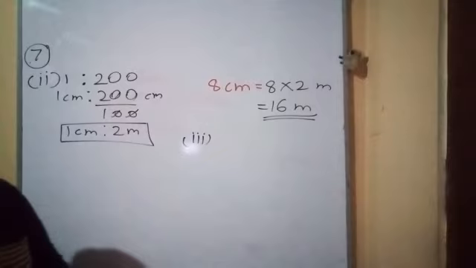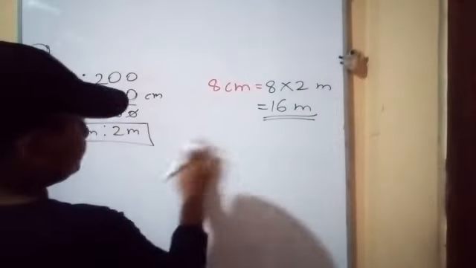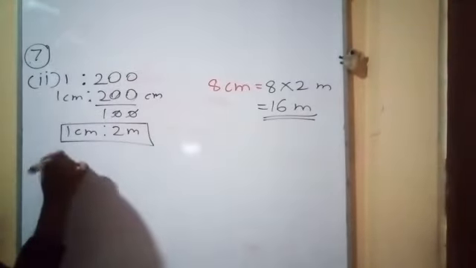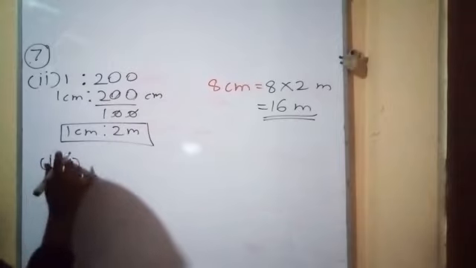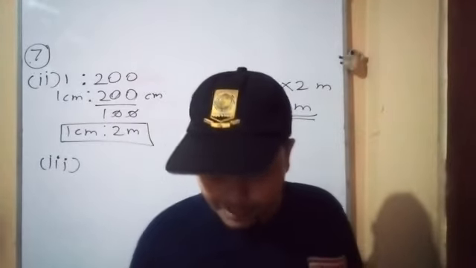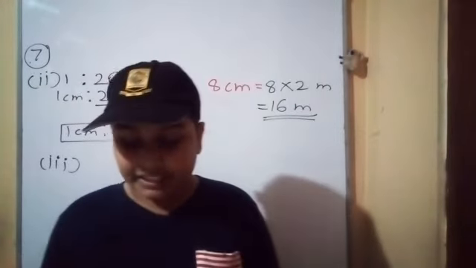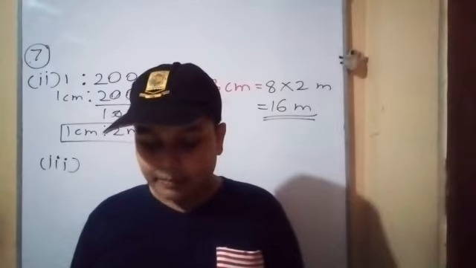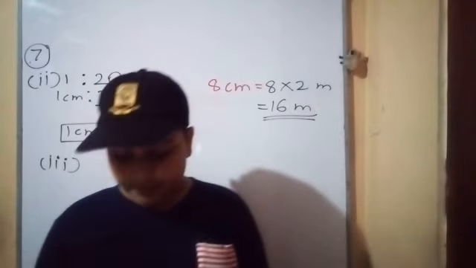Third one. So what is the third one? The length of a school building is 20 meters and its width is 6 meters. Draw a scale diagram of this building using the scale 1 to 100.